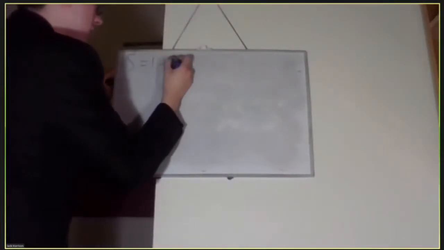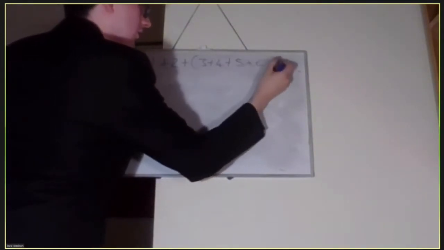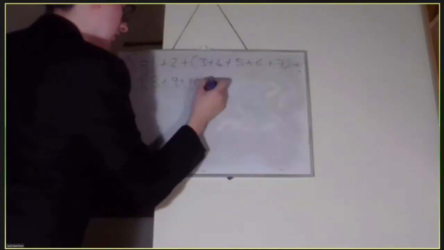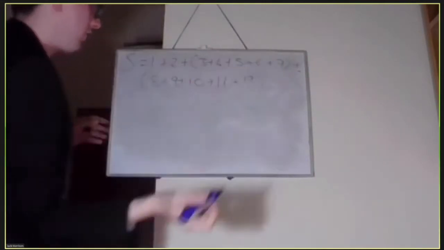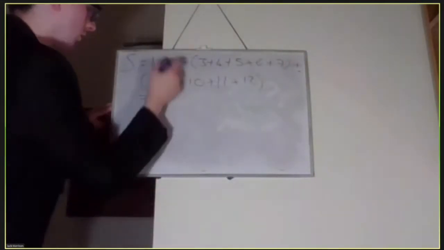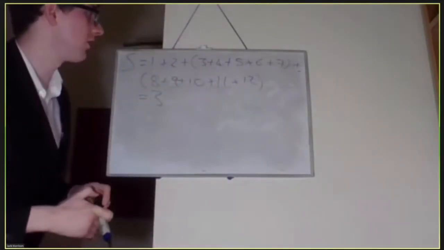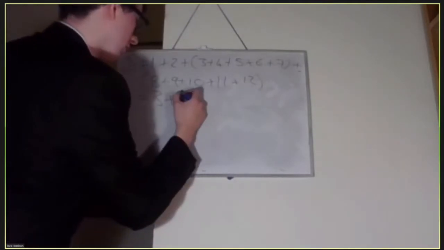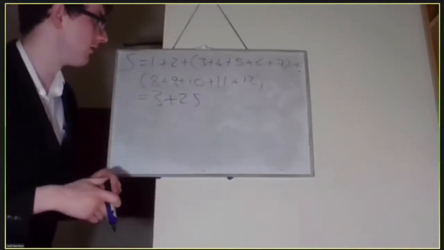Because we can group even more terms. So S is 1 plus 2 plus 3 plus 4 plus 5 plus 6 plus 7 plus 8 plus 9 plus 10 plus 11 plus 12 and so on, which is 1 plus 2 is 3. Again, play along at home with your calculators for this bit. 3 plus 4 plus 5 plus 6 plus 7 is 25. 8 plus 9 plus 10 plus 11 plus 12 is 50.